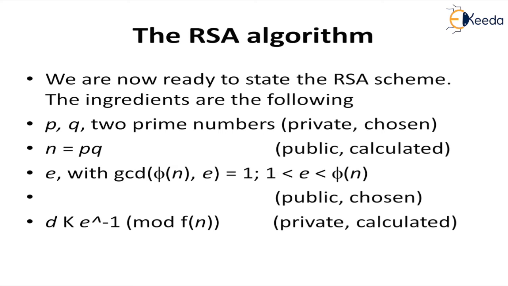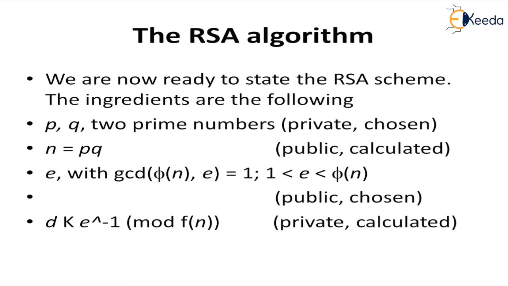The ingredients for the RSA algorithm are: p and q, two prime numbers, which are private and chosen. n is equal to pq, which is public and calculated. That means there is a public value and it is calculated, not chosen.